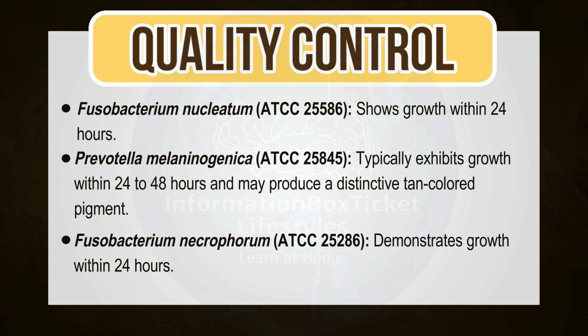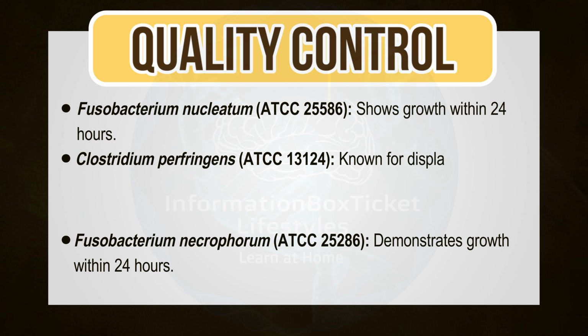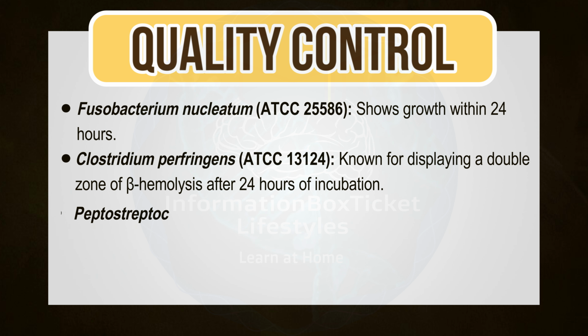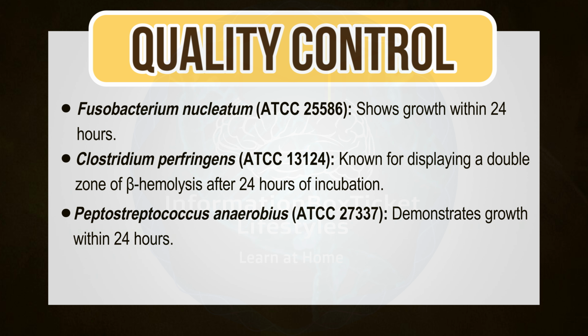Fusobacterium nucleatum, ATCC 25586, shows growth within 24 hours. Clostridium perfringens, ATCC 13124, is known for displaying a double zone of beta hemolysis after 24 hours of incubation. Peptostreptococcus anaerobius, ATCC 27337, exhibits growth within 24 hours.